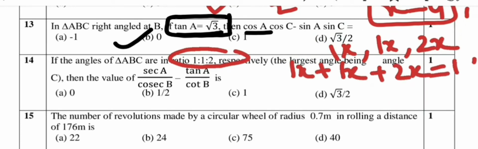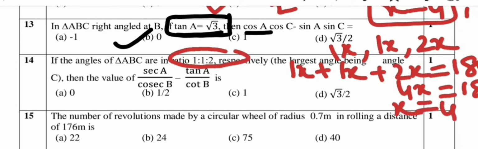And using angle sum property, we know that the sum of all three angles will be 180 degree. So 1x plus 1x plus 2x will be equals to 180 degree. This will be 4x equals to 180 degree, or x will be 45 degree.